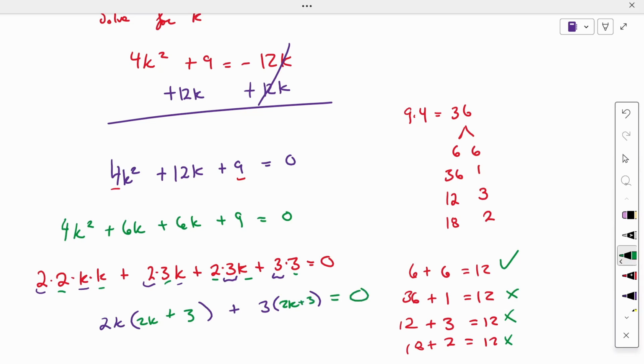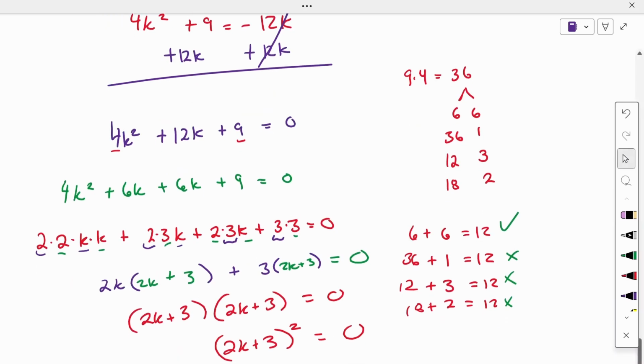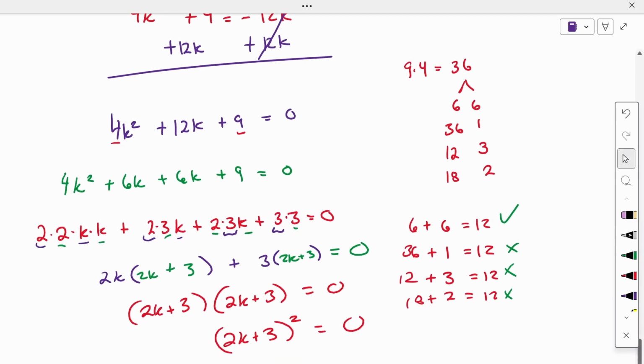Of course, everything looks good. You're going to have a 2k plus 3 times, in this instance, 2k plus 3. Or, this is actually the more ideal scenario, it looks like you've got 2k plus 3 quantity squared is equal to 0.